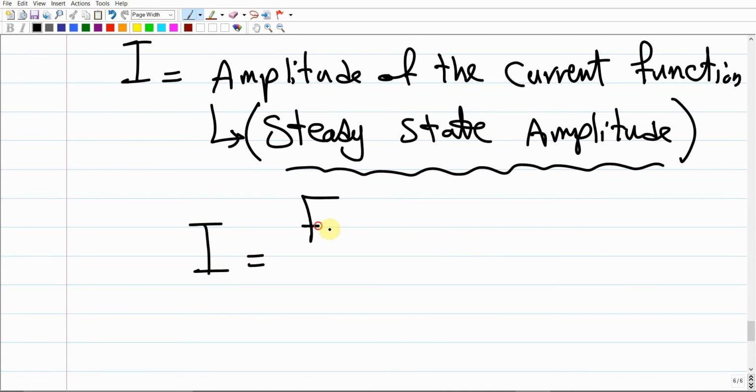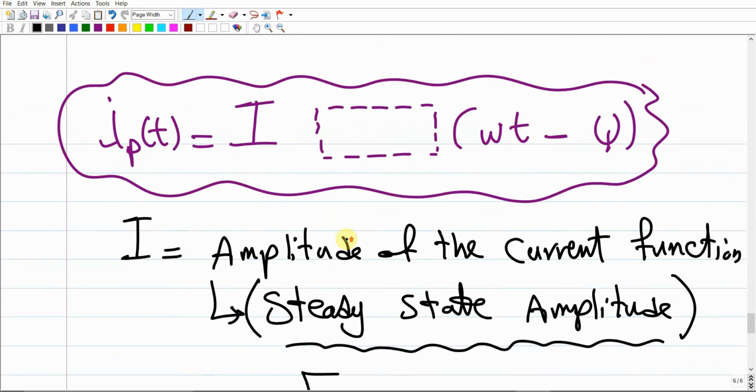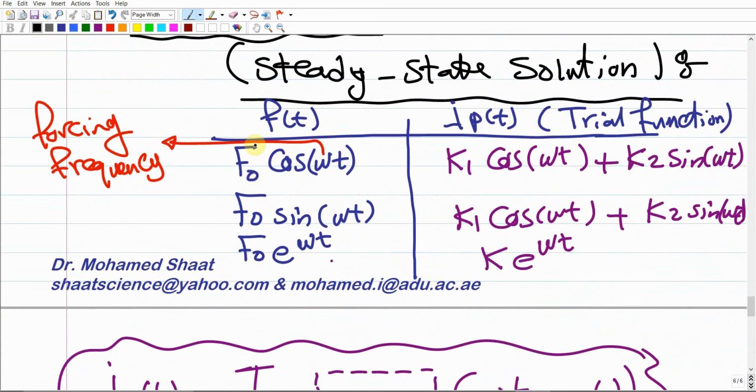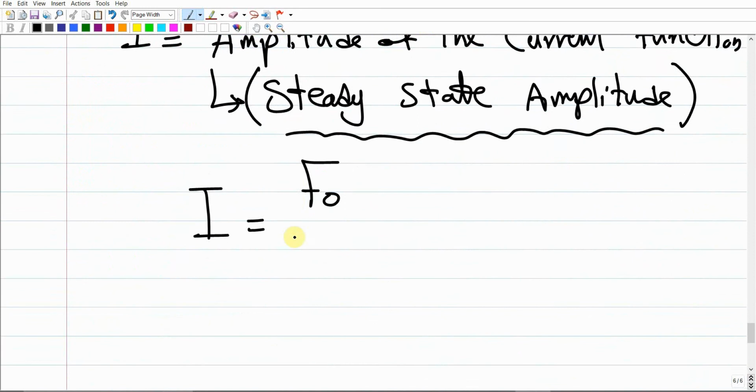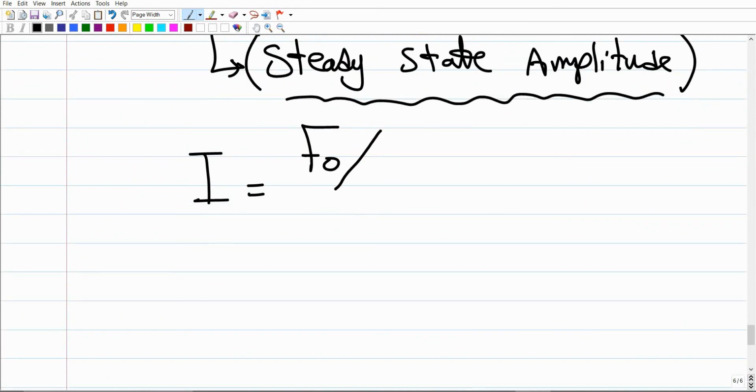It's going to be F0. What is F0? This is the amplitude of the forcing term, the coefficient of the cosine or the coefficient of the sine in the right hand side of this equation, as I'm going to show you through an example. This amplitude of the forcing term is divided by the natural frequency squared. What is the natural frequency?